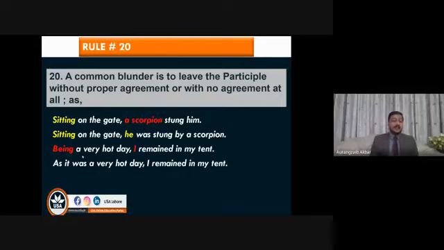"Being a very hot day" cannot take the verb this way, so we need to use "As it was a very hot day, I remained in my tent." Same as "He was stung by a scorpion." So whenever we are using a participle form, we need to check that it has an agreement within the sentence and that it has used the proper form or not.